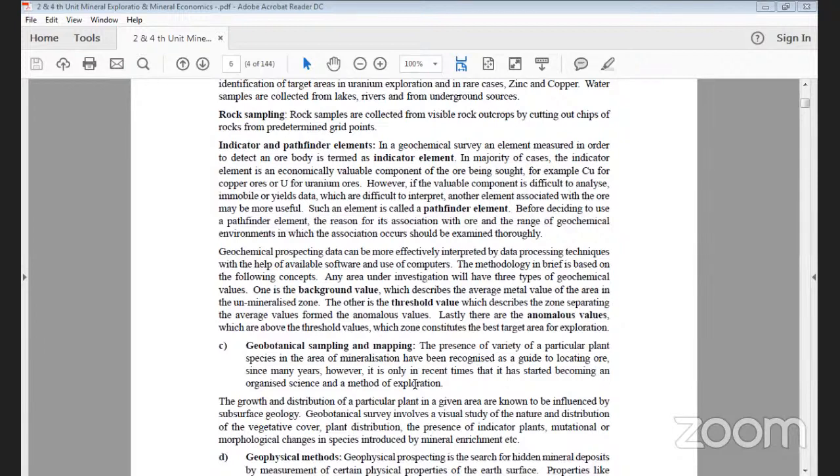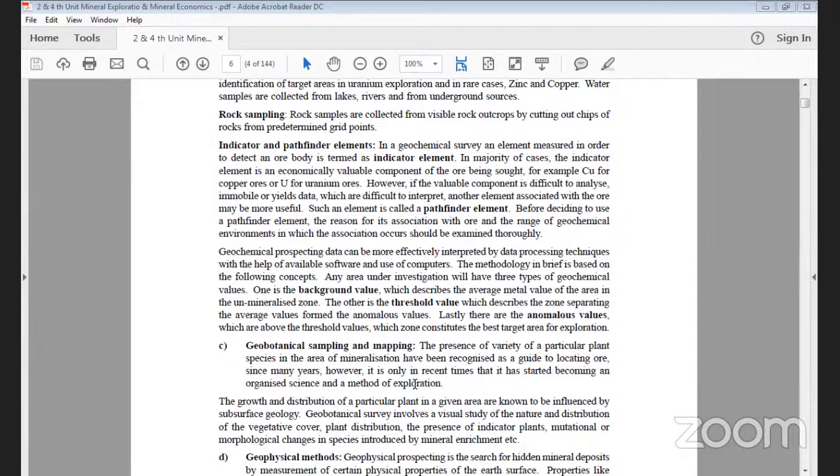The normal background value we know is 1 ppm in soils. If it is more than 1 ppm, suppose 10, 15, 20, 30, 40 ppm like that, then we take the average again and again compare with the normal background value. If it exceeds that, then we consider that area as a mineralization factor.